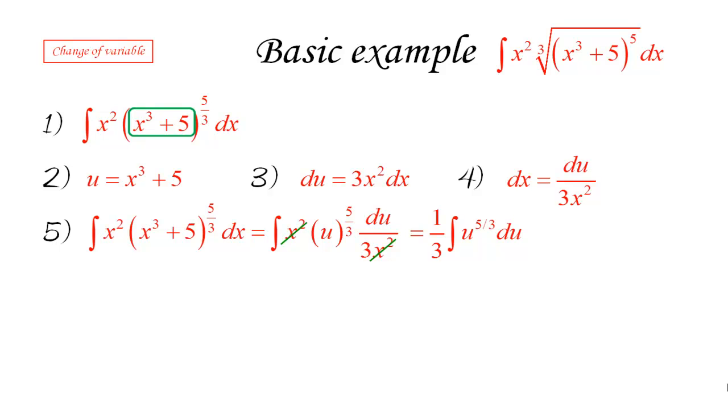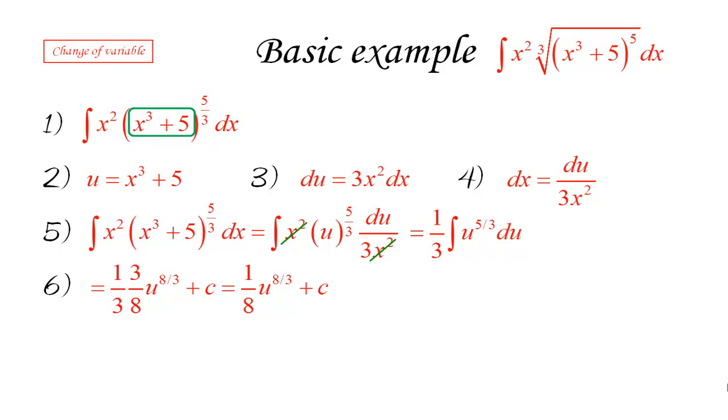Alright, now we're dealing with an integral that we know how to integrate. So we're going to integrate it. All we have to do is apply the power rule. And so it becomes 1/3 times 3/8 u to the 8/3 plus c. If you're not convinced, check the arithmetic. Alright, we can beautify that a little bit because we're still not done. So we may want to cancel those 3's and we end up with just 1/8 u to the 8 over 3.